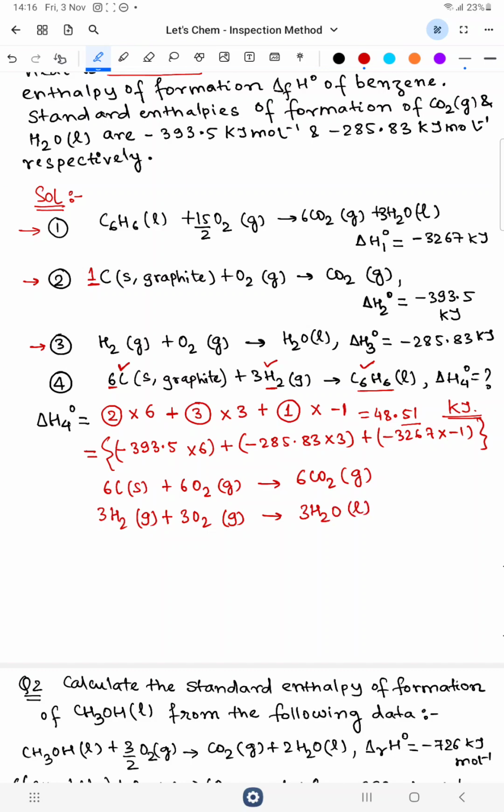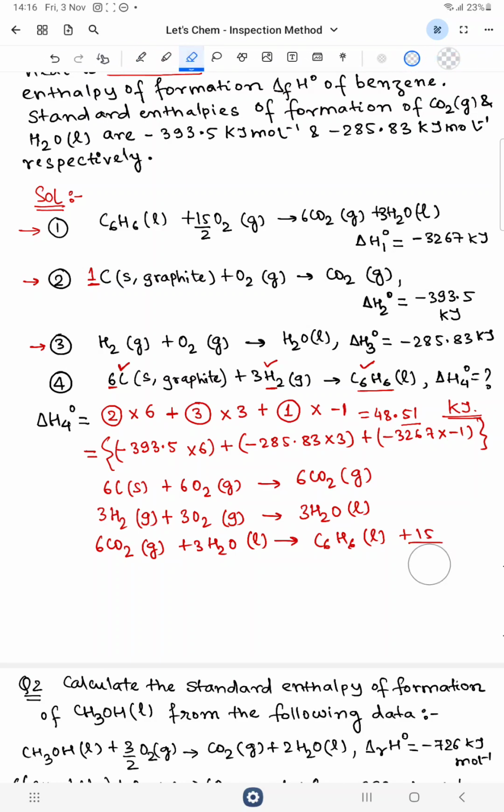And the first reaction I multiply with -1 and add: 6 CO2 gas plus 3 H2O liquid gives C6H6 liquid plus 15/2 O2 gas.